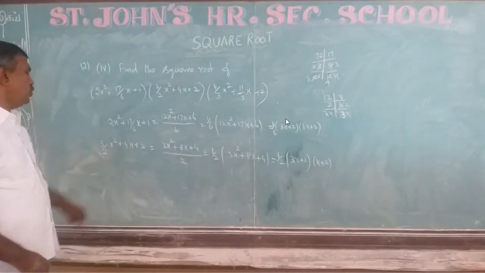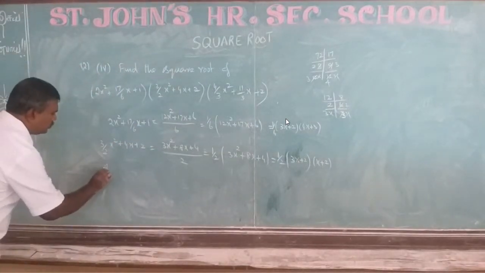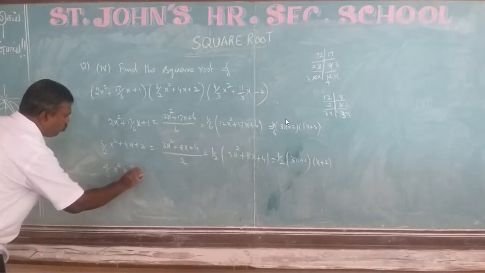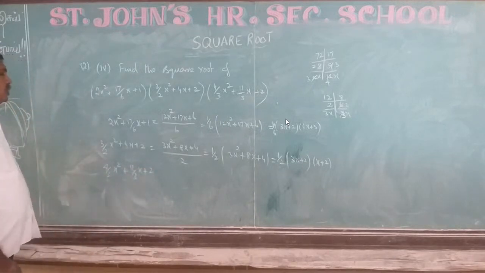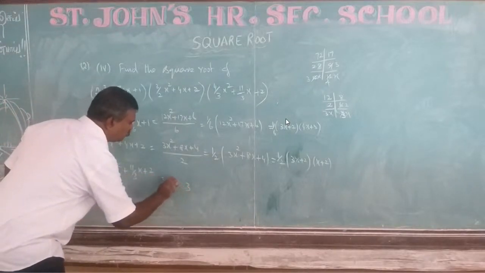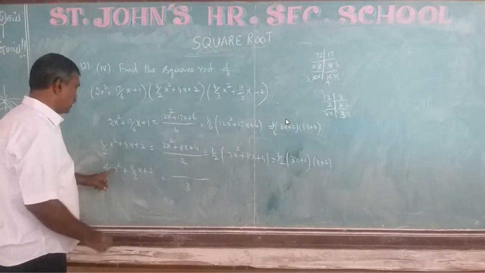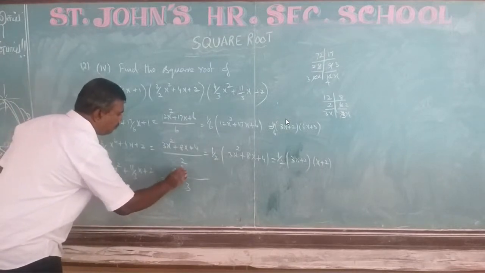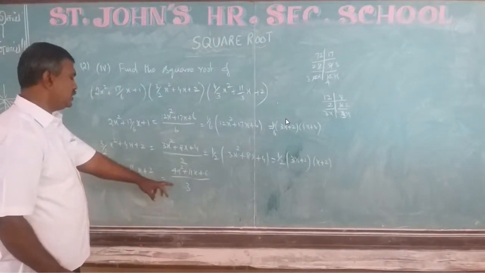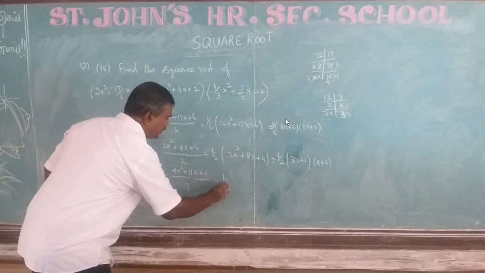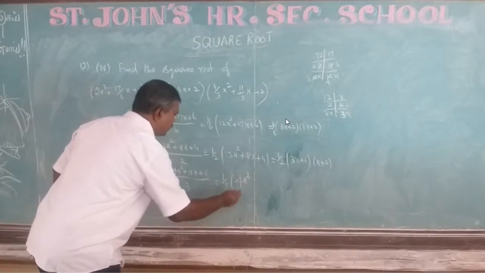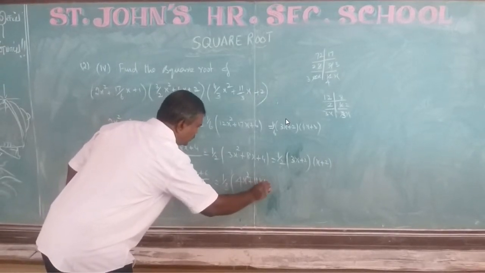Now we take the third expression, 4 by 3 x squared plus 11 by 3 x plus 2. First we take the LCM, which is 3. That is 4x squared plus 11x plus 6, with 1 by 3 taken outside. Therefore it equals 1 by 3 into (4x squared plus 11x plus 6).